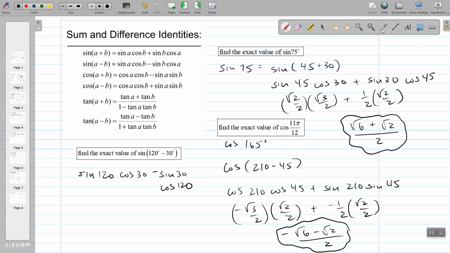Again, you're more than welcome to do the formula over here, but the reason I gave you this example is just to let you know that sometimes, just simplifying it and looking at what you're dealing with, you can do it a lot easier. 120 minus 30 is the same as just 90. So really this is asking you what is sine of 90, and you don't need a special formula for that. Sine of 90 is just 1.